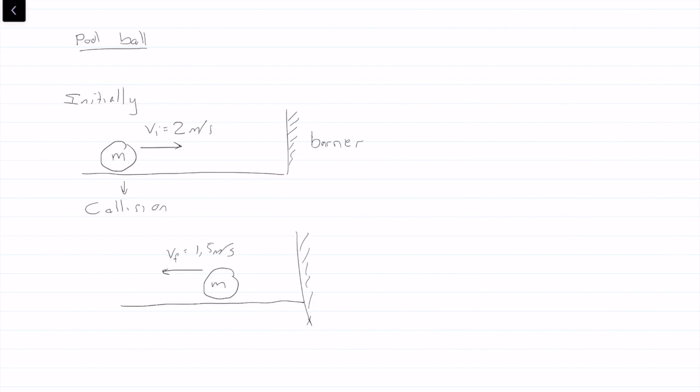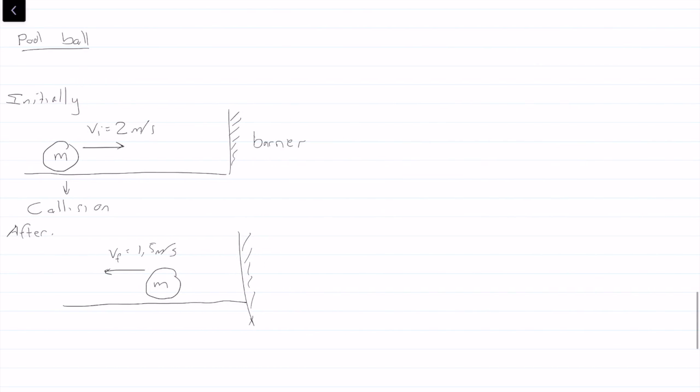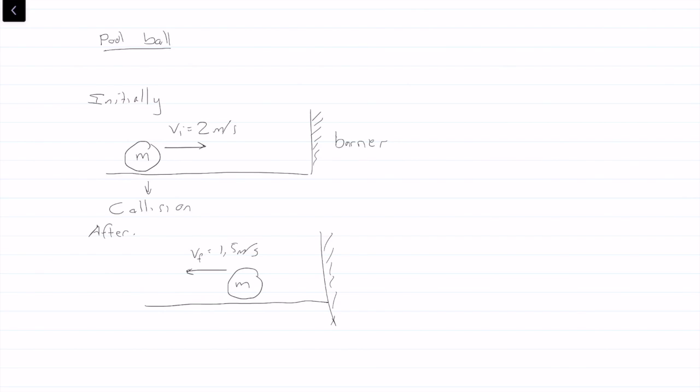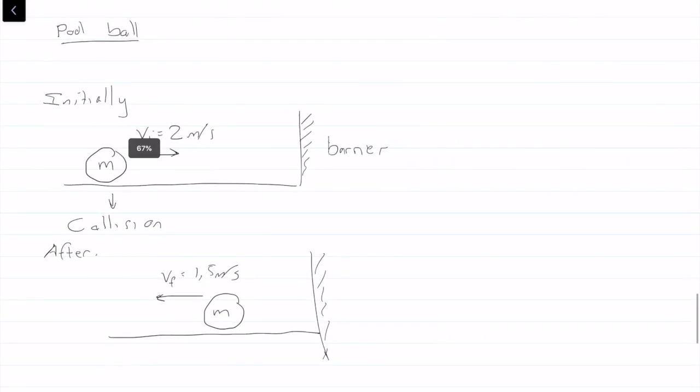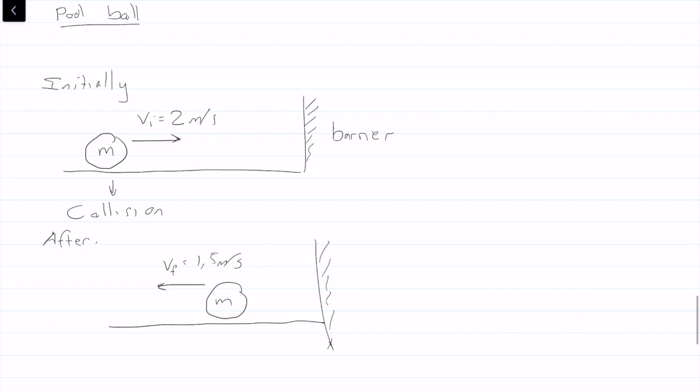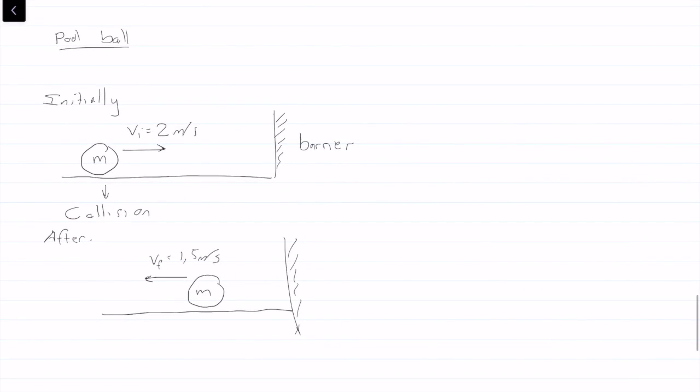Okay, so then we want to once again determine whether the collision is elastic or inelastic. So we have to go to our kinetic energies. Ek initially is equal to a half m v initially squared. Ek final is equal to a half mass velocity final squared.